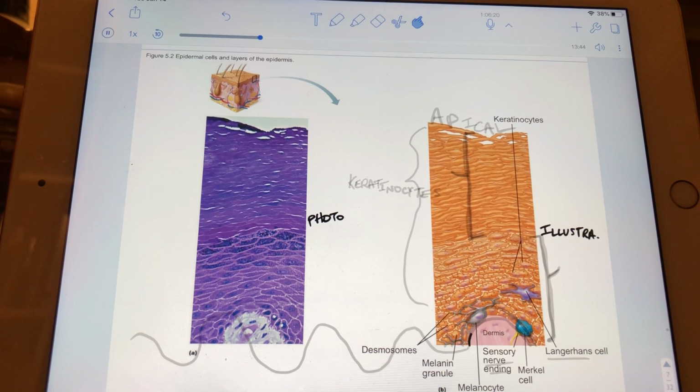So here is a little finger of dermis that's reaching up into the epidermis, and that's very common, that we would see a rippling interface between dermis and epidermis, and we'll come back to that later.